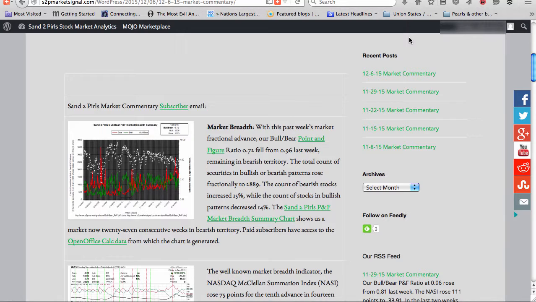The count of bearish stocks increased 15%, while the count of stocks in bullish patterns decreased 14%. The Pirls P&F Market Breadth Summary Chart shows us a market now 27 consecutive weeks in bearish territory.